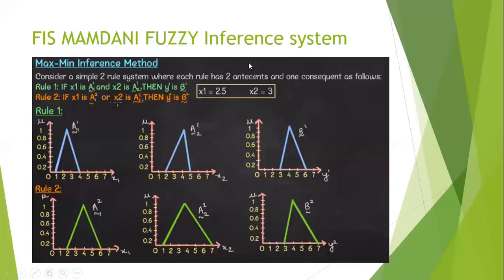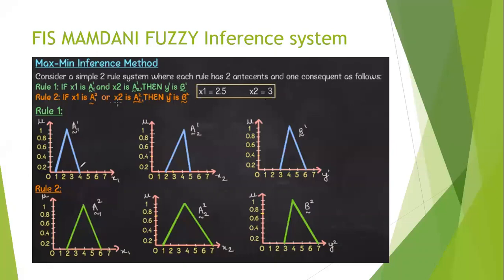So corresponding membership functions, graphically you are indicating these membership functions. In the first rule, if x1 is a11, x1 is 2.5 given.